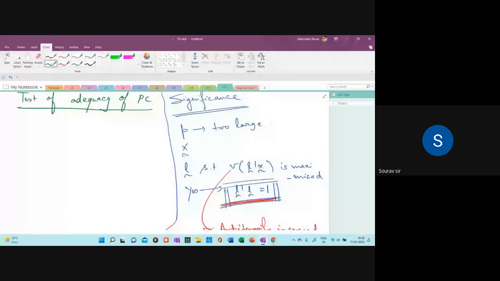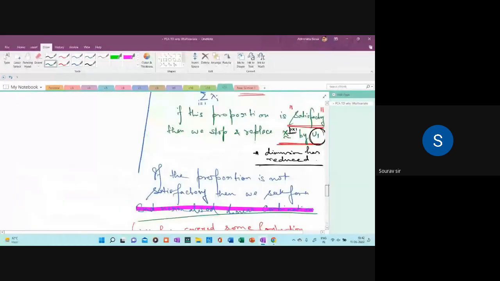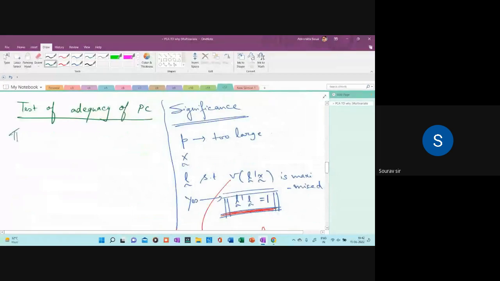This testing procedure says, theoretically, suppose we say that the first r components, U1, U2, ..., Ur, these are like these first principal components.